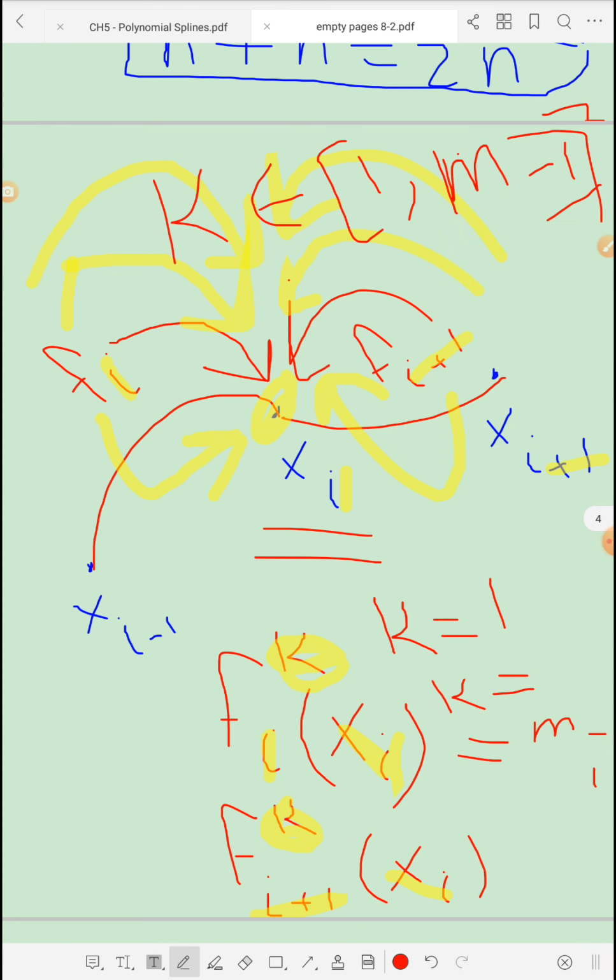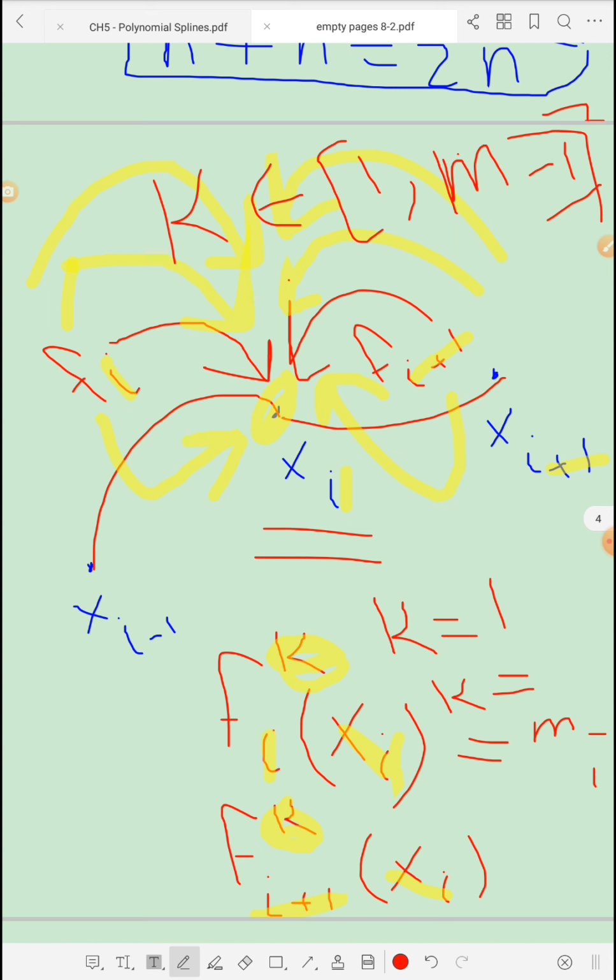So assume that we have a fifth order polynomial for all of the splines. We take the first derivative from the left, which should be equal to the first derivative from the right polynomial, and the second derivative for the left polynomial should be equal to the second derivative for the right.